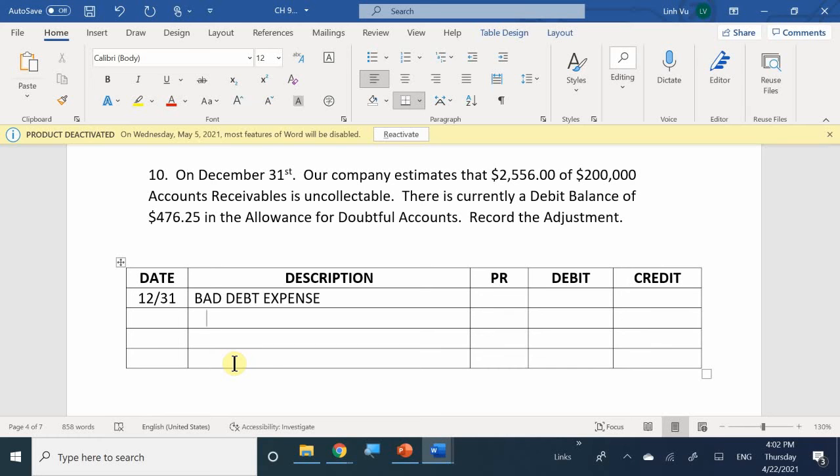Allowance for doubtful accounts. Yes, because what method are we using? This is the allowance method, right? Specifically, which method are we using?